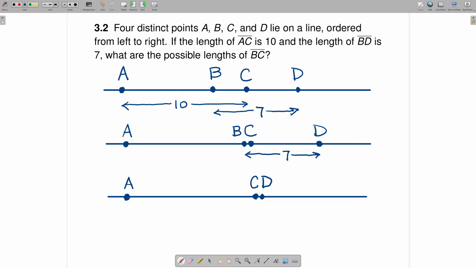And again, since that line segment has length 7, when you come back here, this will be the point B that is placed there in order to keep this at length 7.